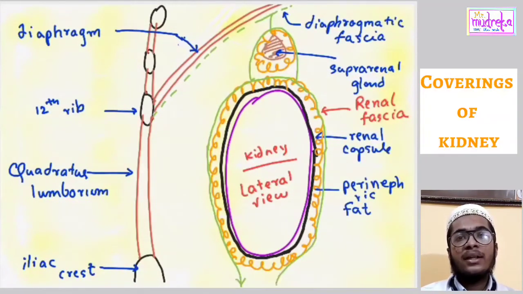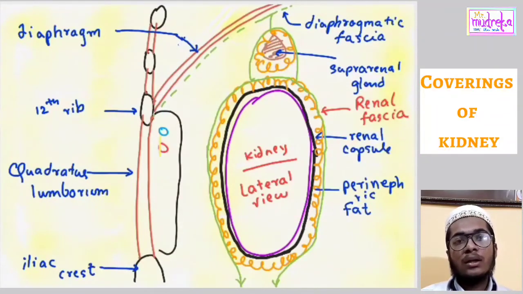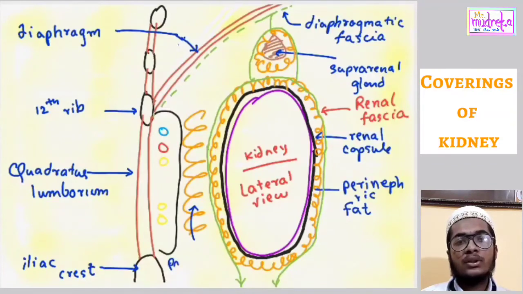Medially, the anterior layer passes in front of the kidney and renal vessels, merging with the connective tissue surrounding the aorta and inferior vena cava. The posterior layer passes behind the kidney, attaching to the fascia covering the quadratus lumborum and psoas major. The last layer is the pararenal or paranephric fat.